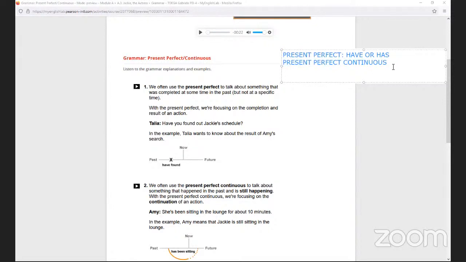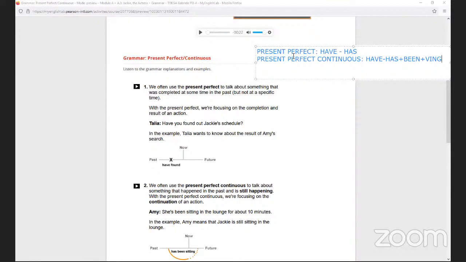So when we talk about present perfect, the auxiliary that we will use is have or has. In present perfect continuous, of course, we are gonna use the same have or has plus been, and as we are talking about continuous, we are gonna use the verb with ing, okay? So this is the structure for both.